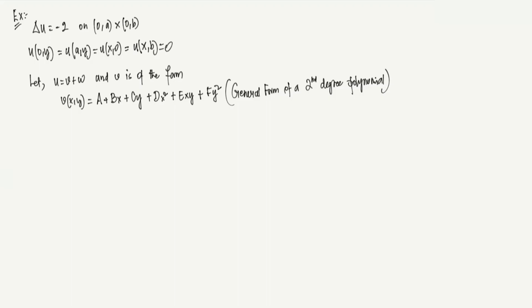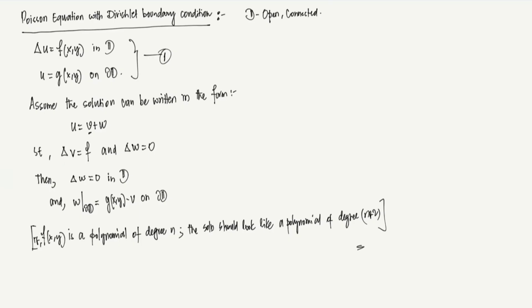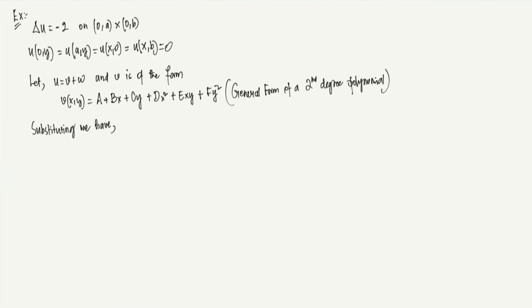Clear? Okay. Substituting in the equation, we have, see, v is such that it solves the original problem, Laplacian v equals f and Laplacian u equals f. So basically these are the same problems. V is a particular solution, and w solves Laplacian w equals 0.